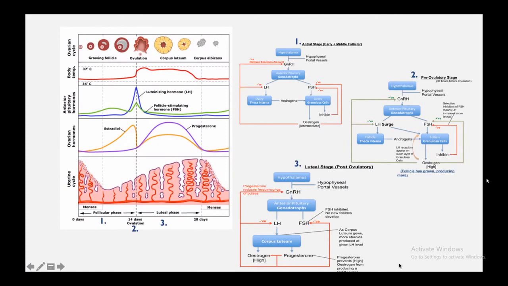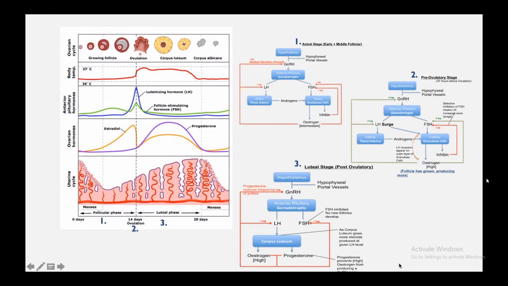When you're talking about ovulation, which in a 28-day cycle would roughly occur on day 14, at high concentrations estrogen acts as a positive feedback mechanism to the anterior pituitary and the hypothalamus, and therefore you create this LH surge, which happens in ovulation.